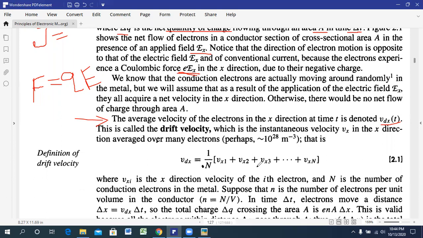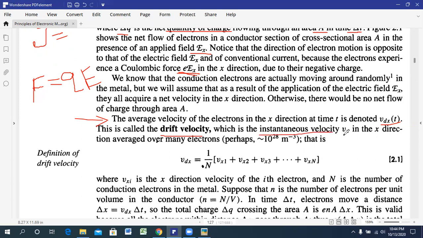If we take all the velocities and divide them by the number of electrons, then that will give us the average velocity, and this velocity is known as drift velocity, or sometimes instantaneous velocity.